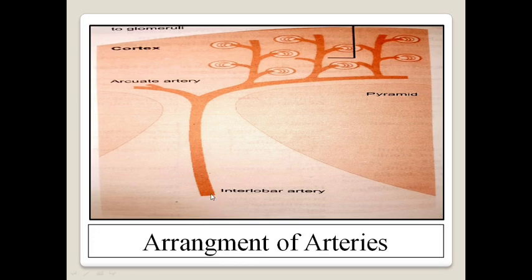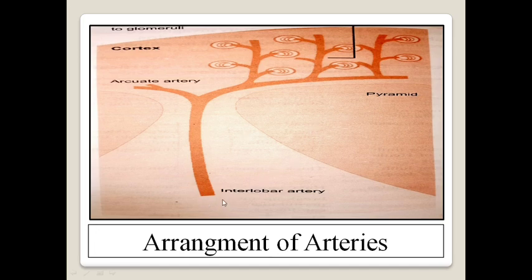Likewise, here in the kidney, after entering via the hilum of the kidney, the renal artery divides into the lobular artery, and then the lobular artery divides into the interlobar arteries. Clear?